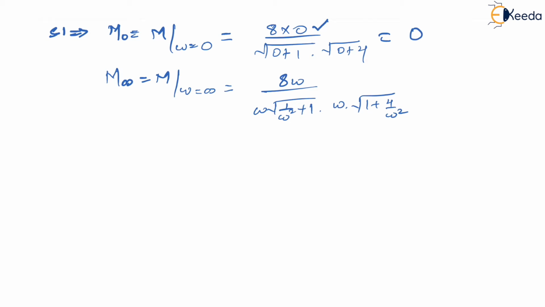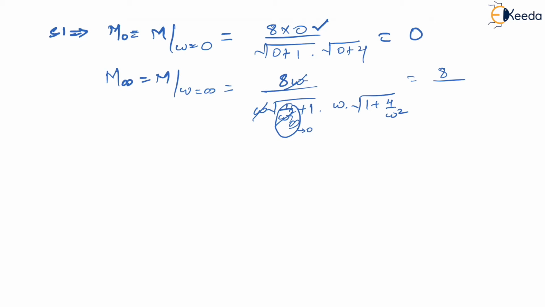Now let me cancel out this omega and this omega. So you have 8 on the top divided by, if I put omega equal to infinity, this becomes 0, this total becomes 0.